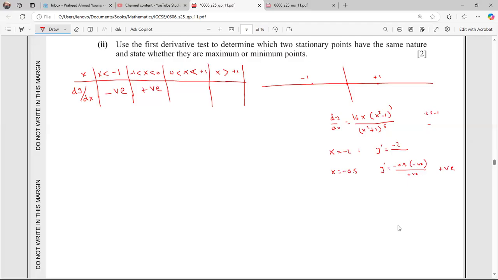In the same way, if I try to evaluate the derivative in this range, 0 and plus 1, let me say x is equal to 0.5. In this range, what happens when x is 0.5? This is a positive number, and 0.5 square is 0.25, minus 1 is minus 0.75, and its cube is negative. So I have a negative number here, and the denominator is going to be positive again.